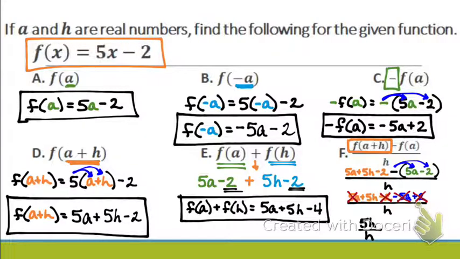It's just going to be 5. My h's cancel because the 5 and the h are being multiplied here, and division can cancel through multiplication. It can't cancel through addition or subtraction, but it can cancel through multiplication. So I get a 5 here. That whole big horrible looking fraction was equivalent to 5.